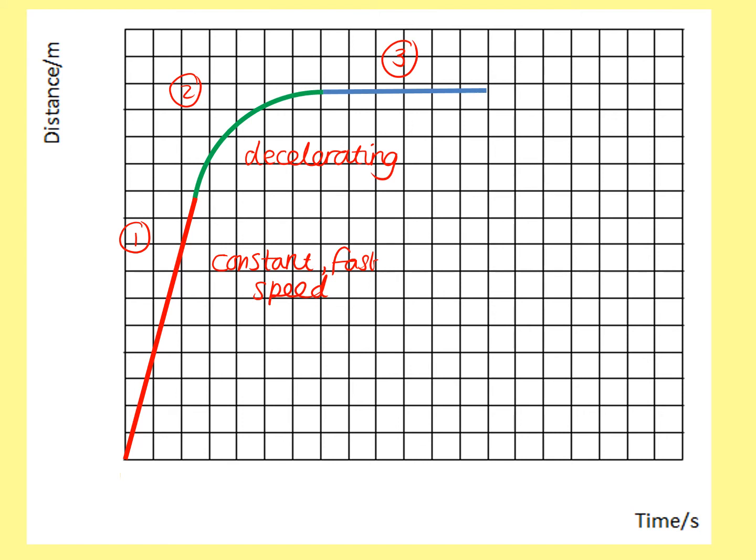And in section 3, this is a flat line, and so this tells me that the object is standing still, not moving. And so that's how you describe a journey using a graph.